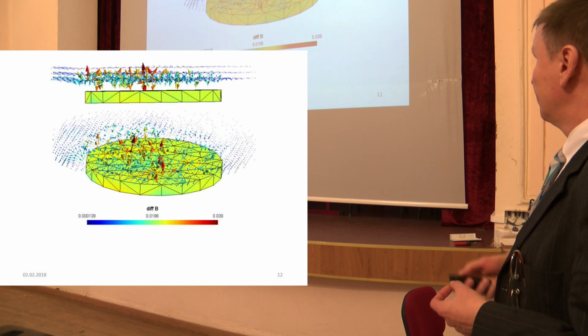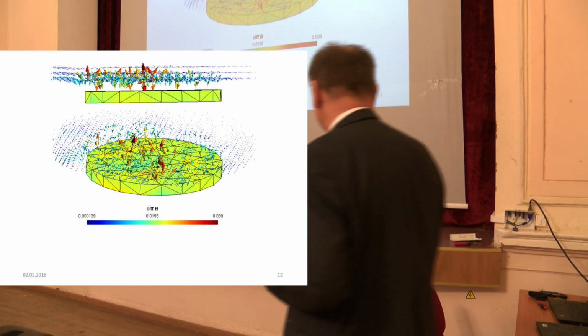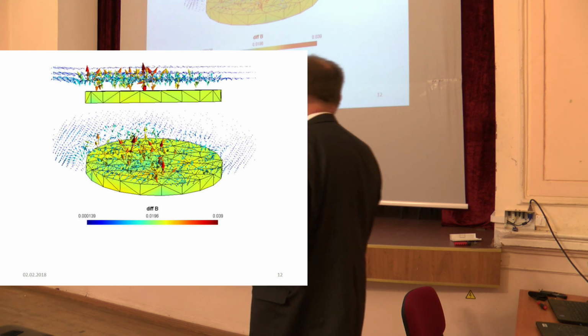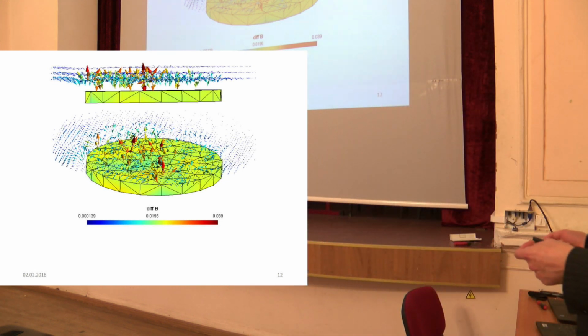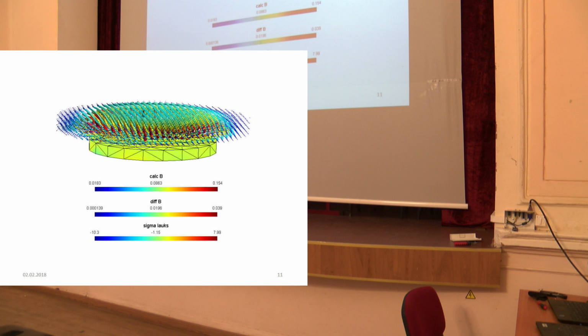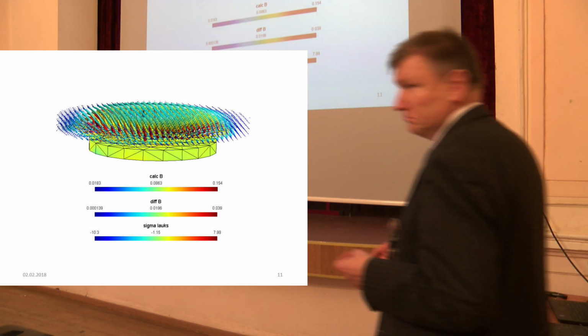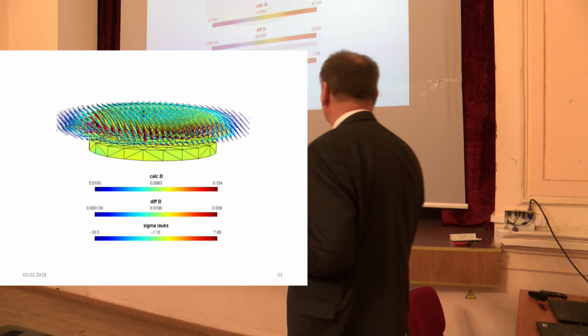And if I draw that difference between calculated and measured field, it turns out to be, in this case, quite chaotic. It's not extremely large, but I should compare with the largest values of measured or calculated field, and I see that in this case it is about 25%. So for some points the difference is quite large.